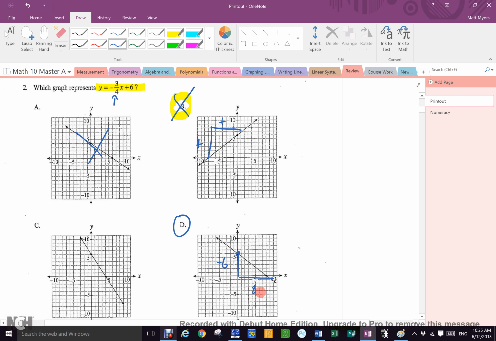It's 8. So my rise is negative 6 over 8. Now, would Mrs. Bad Crumble ever let you leave that fraction? What would Mrs. Bad Crumble say? She would say make it what? Negative 3/4. So it is indeed D. Everybody cool? All right.